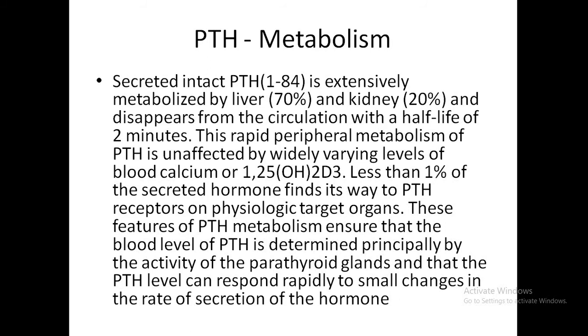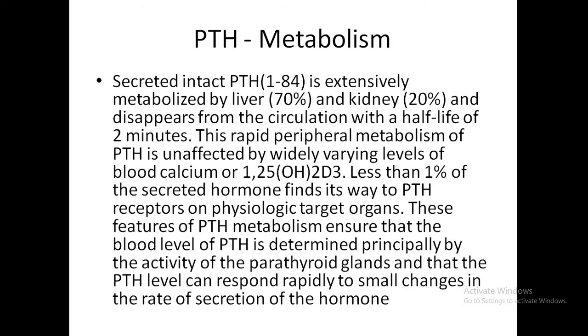This rapid peripheral metabolism of PTH is unaffected by blood calcium or by calcitriol, and less than 1% of the PTH will bind with the PTH receptors on the physiologic target organs.